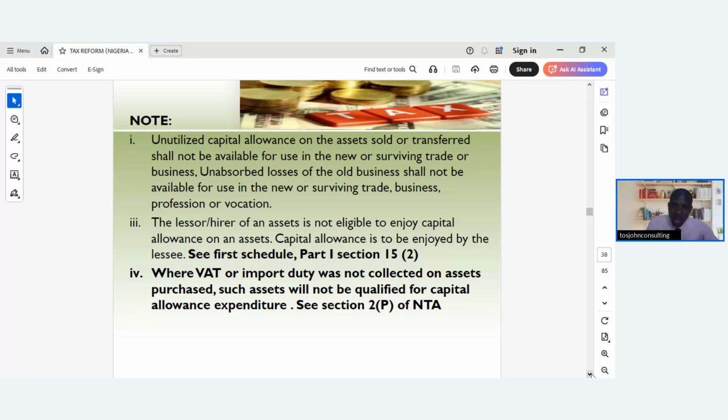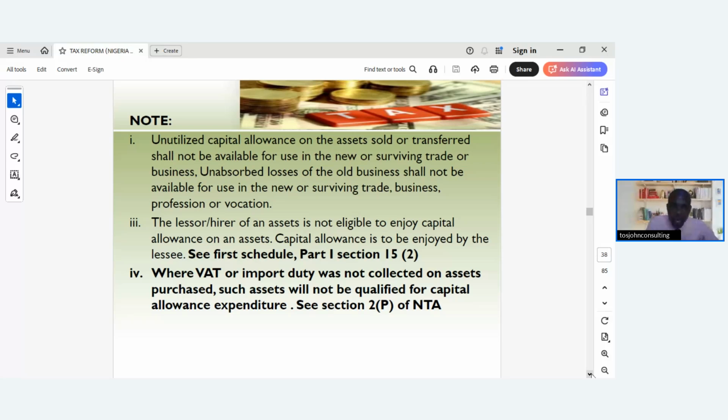So if a business that was operating before has now been merged or liquidated or absorbed by another company, you will not enjoy any transferred capital allowance. It will just start afresh on the assets of the new company.